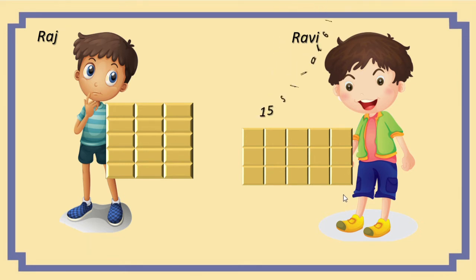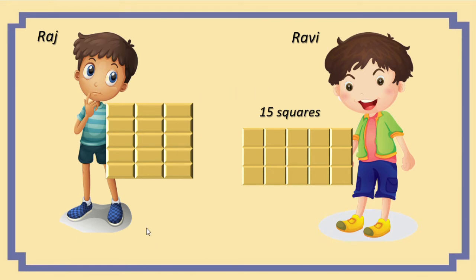See here, Ravi's chocolate has 15 squares. Isn't it? 1, 2, 3, 4, 5, 6, 7, 8, 9, 10, 11, 12, 13, 14, 15. Means in Ravi's chocolate there are 15 squares.